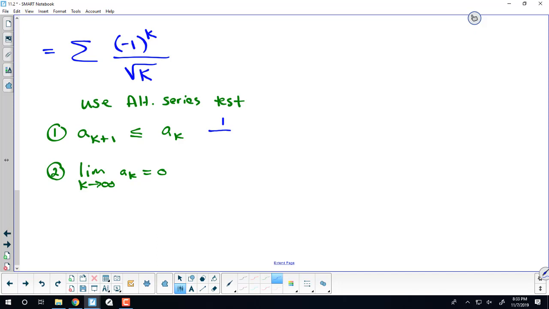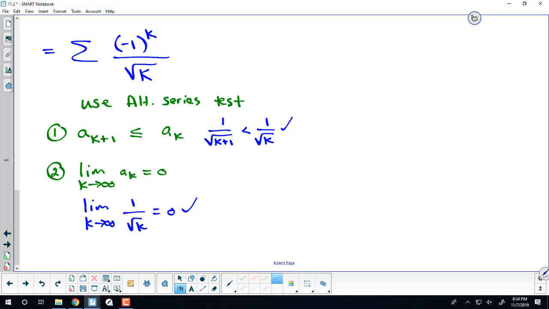So is 1 over the square root of k plus 1 less than 1 over the square root of k? Yeah, because the square root of k plus 1 is larger than the square root of k. And is the limit at infinity 0? Yeah.